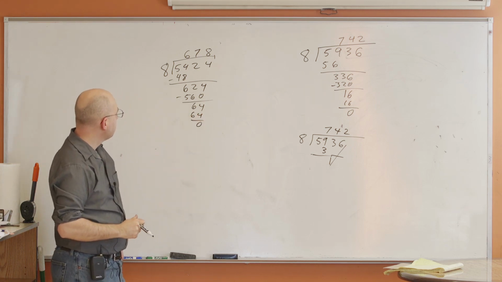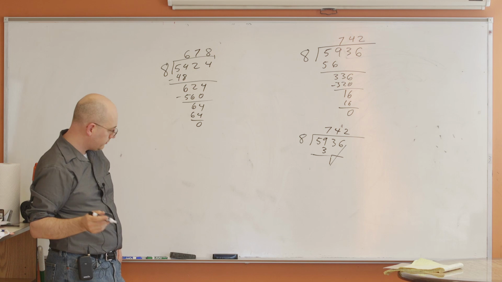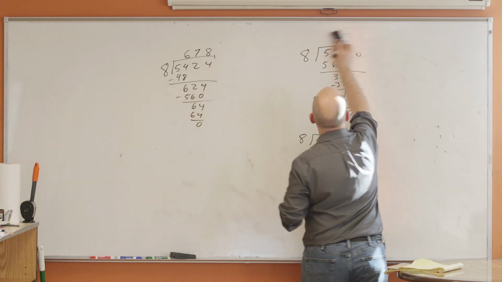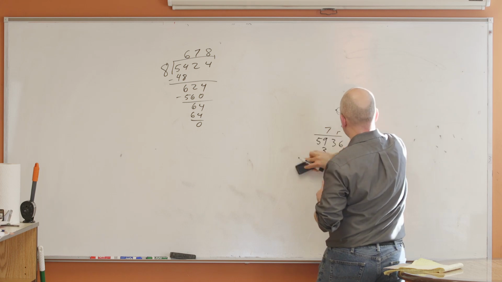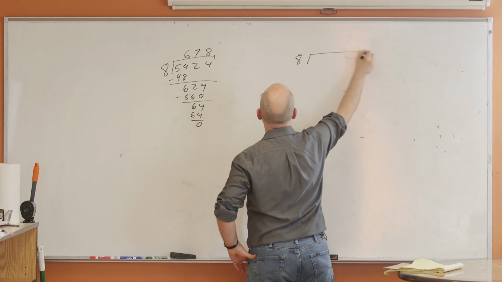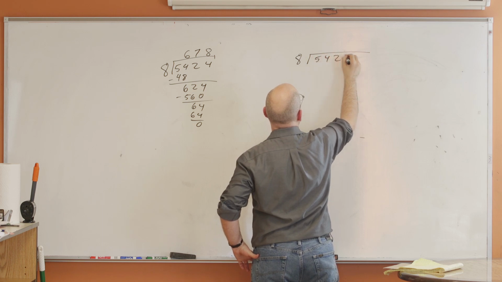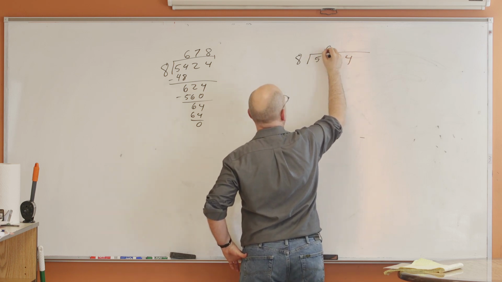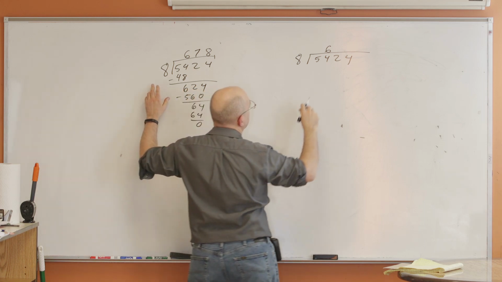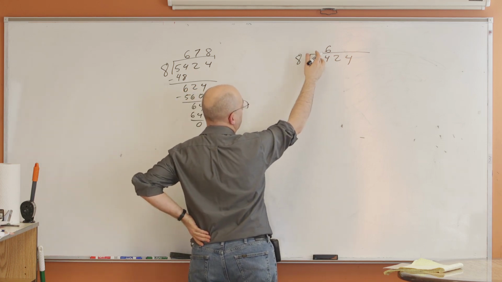Right. Now, if you do it the shortcut way, a little bit something interesting happens. So again, start the same way. So 6 times 8, 48.